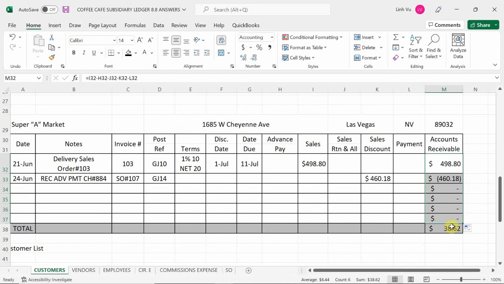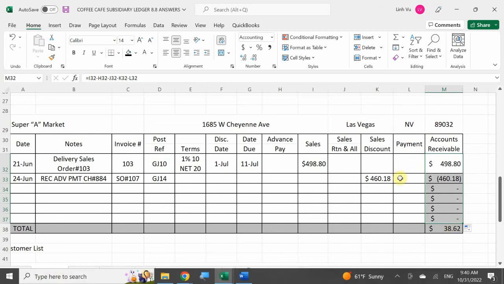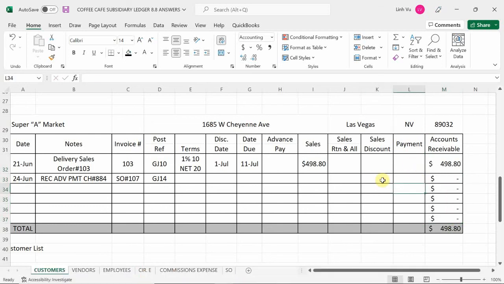We already have the 460.18 under the payment column. I put on a sales discount. So there, it's under accounts receivable instead of payment. My accounts receivable is going to be my formula.